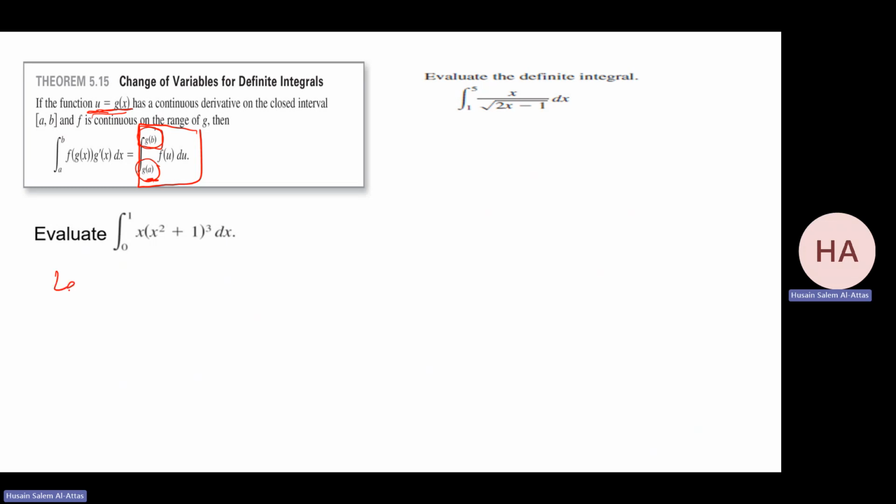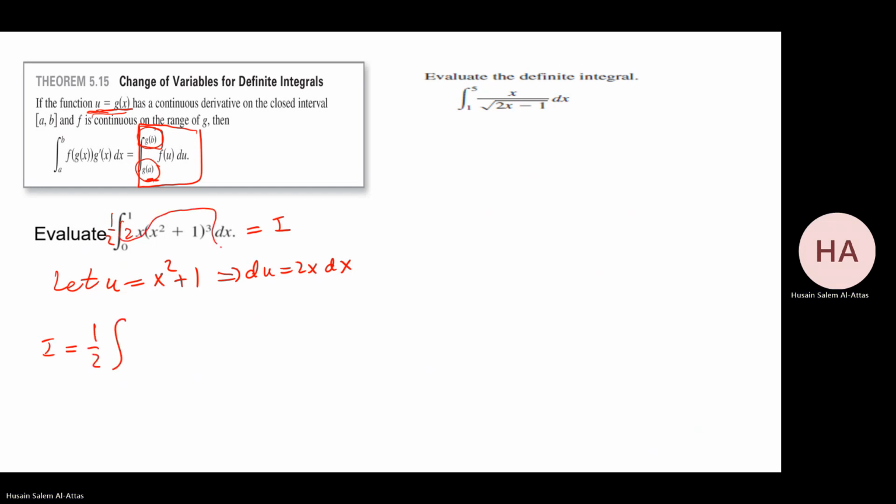So I'll let u equal x squared plus 1. What will be du? du will be 2x dx. So I need the 2. Okay, so the integral, let me call it I. So I will be half integral, that is my du, so I have u cubed du.